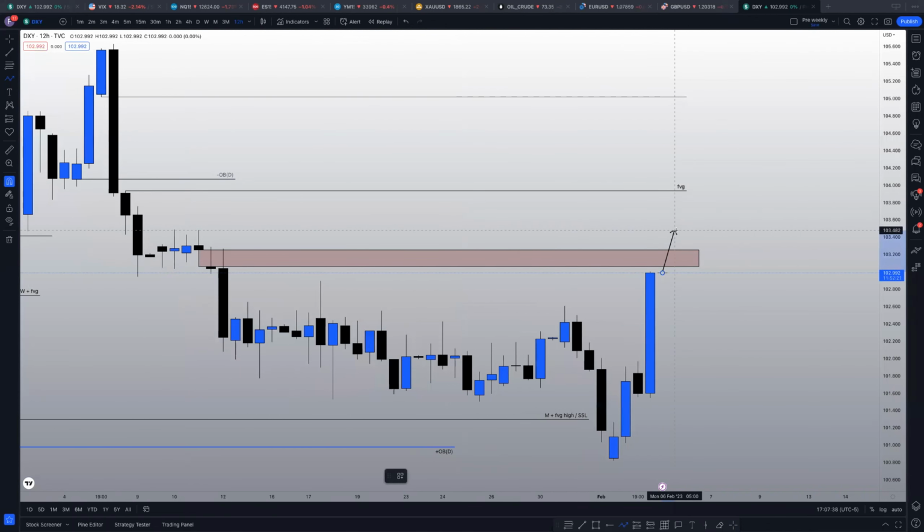Small range day, we can even come into these equal highs right here. Down, back up.